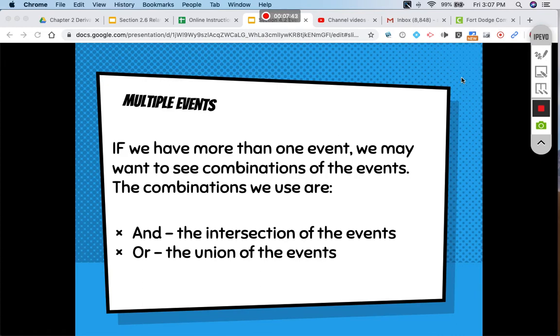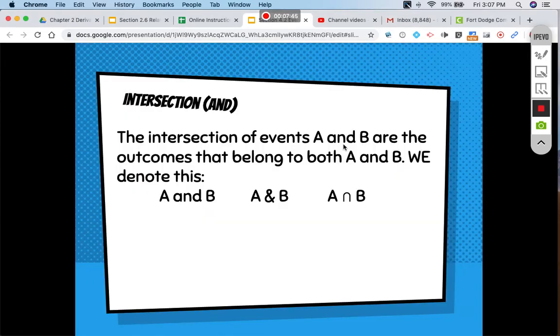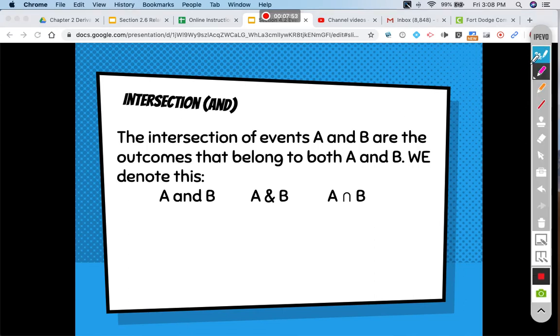So let's go back to, here we go. So we call the and the intersection. When I think about intersection, I think about the intersection between two roads. The intersection here is the point that's on the north-south road and on the east-west road. It's on both roads. That's what we mean by the intersection.